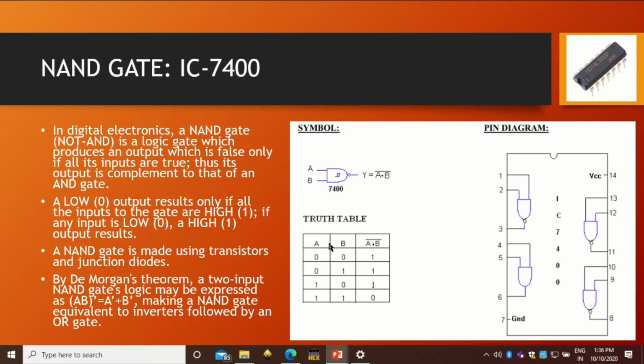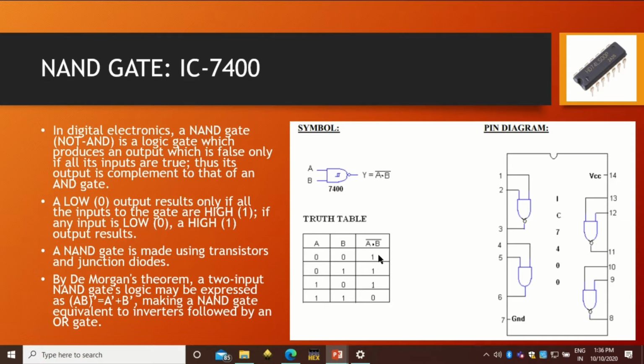So here is the truth table. Since we have two inputs here, these two inputs can have 4 different combinations, that is 00, 01, 10 and 11. For an AND gate the output would be 0 0 0 1, but since this is the negation of the AND gate, the output will simply be inverted.